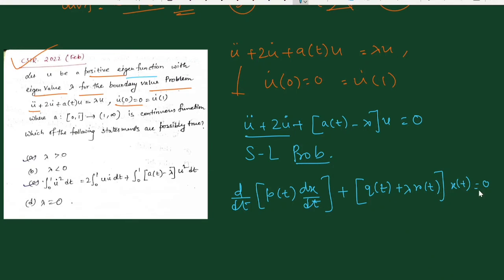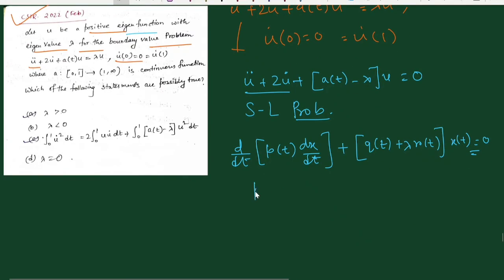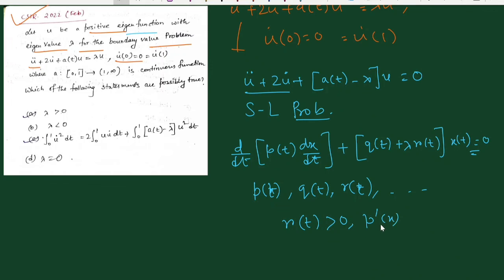This is the standard form of a Sturm-Liouville problem, where the functions p(t), q(t), r(t) are all continuous functions and r(t) must be greater than 0, and p(t) must also be greater than 0. But here if we compare this equation with the standard Sturm-Liouville problem, then the value of r(t) equals -1, which is negative.